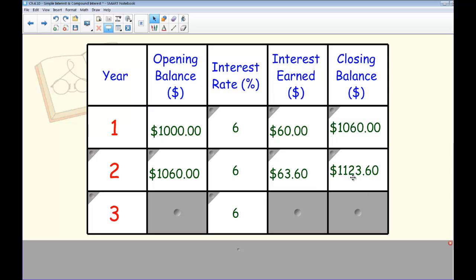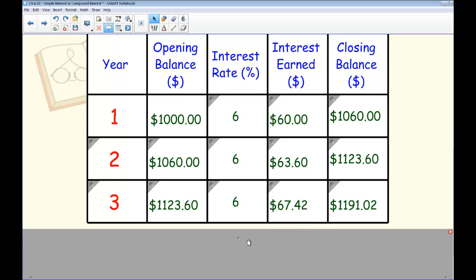So this closing balance then will become our opening balance in year 3. So if we take this amount multiplied by 0.06, we figured out we get $67.42 interest after year 3. So our final closing balance after 3 years would then be $1,191.02. Not bad.